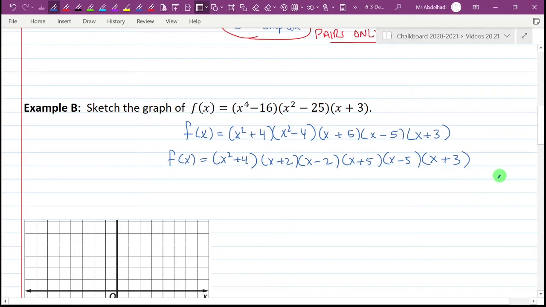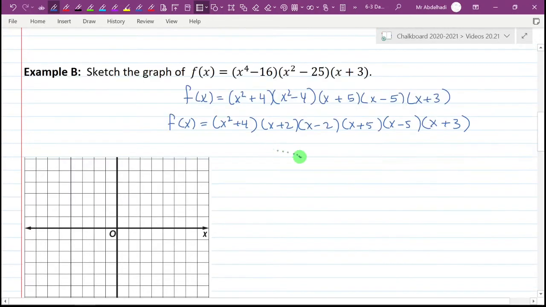So let's go ahead and graph this thing. Well, before we graph it, let's take a look at this. This is not factorable. So if you want to see what the imaginary roots would be, you can come over here to the scrap area, x squared plus 4, set it equal to 0. You'll have to subtract 4 from both sides. You'll get x squared equals negative 4.